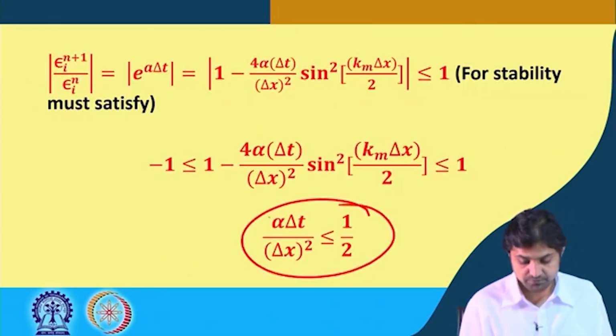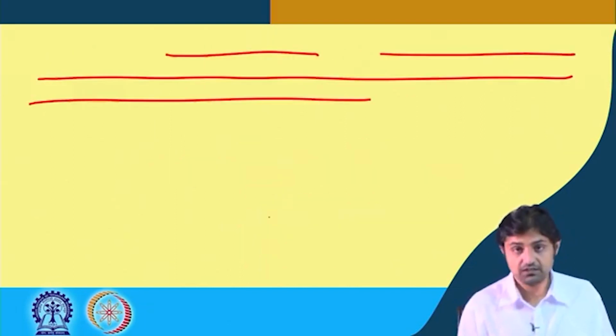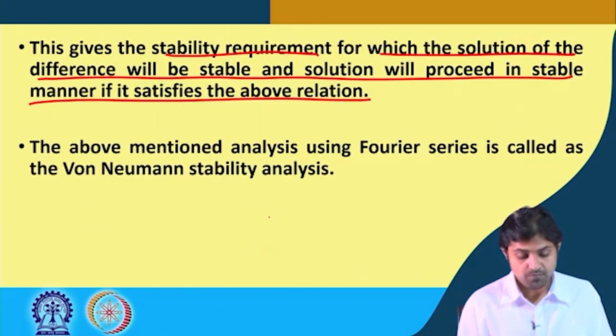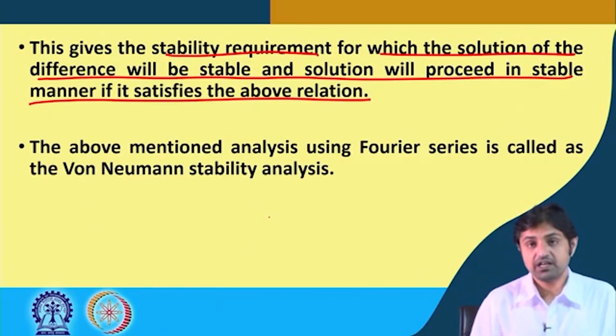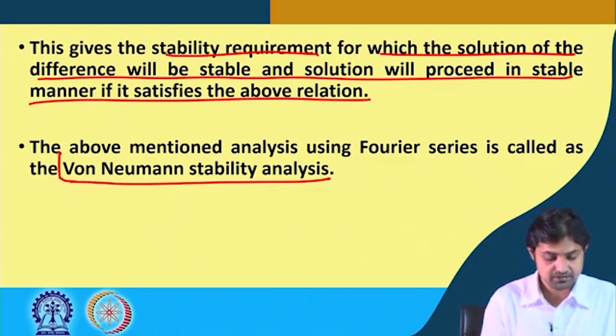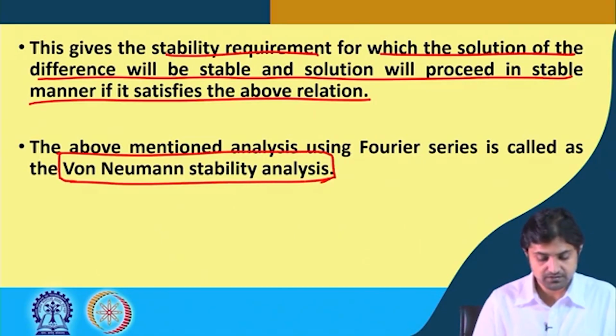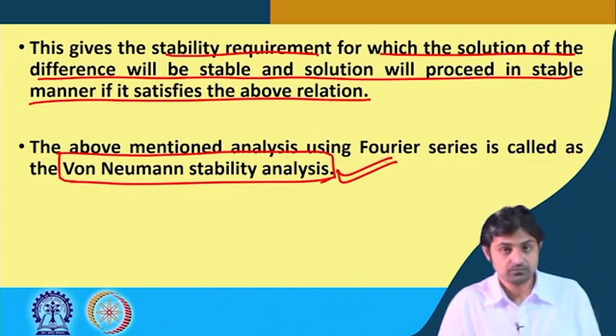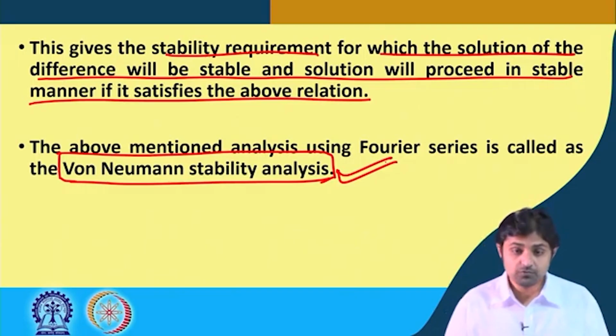This relation. That is the final solution. The above mentioned analysis using Fourier series is called von Neumann stability analysis. So you must in principle know what von Neumann stability analysis is.